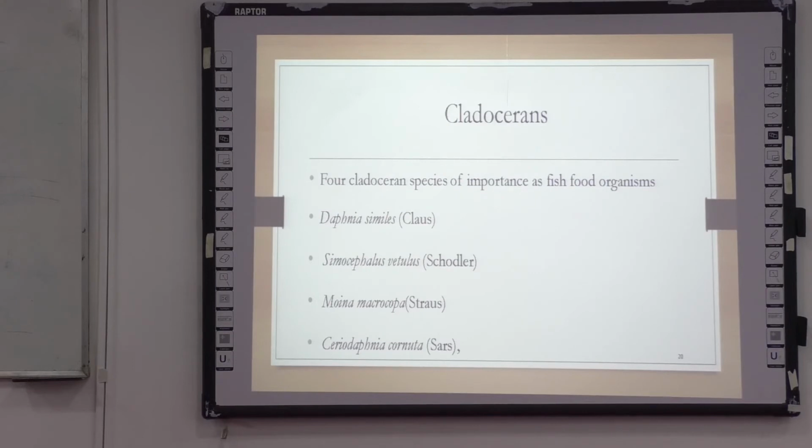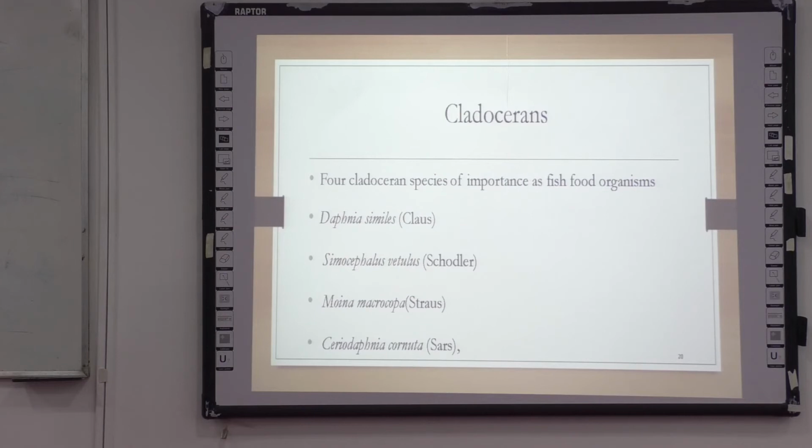Now let me pass on to the next group, Cladocerans, commonly called water fleas. These water fleas are more common in freshwater systems than in estuaries and marine waters.